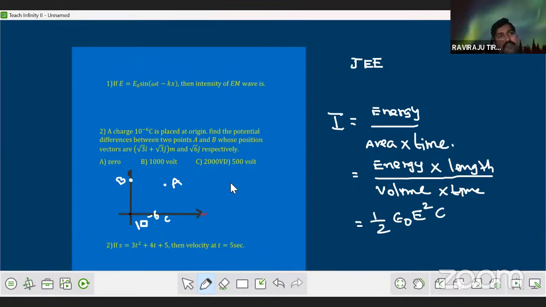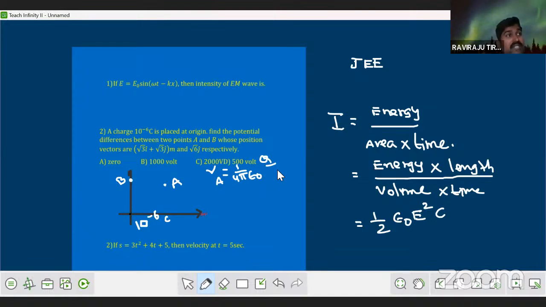And what is the general formula for electric potential due to a point charge? 1 by 4 pi epsilon naught Q by R. Direction has no relation, but no problem. Generally, potential at A, how much is it? 1 by 4 pi epsilon naught Q by R is the general formula. But here, what is the R value?